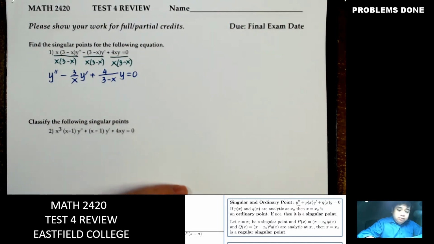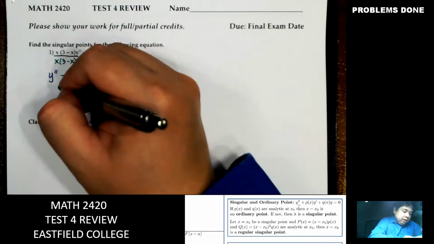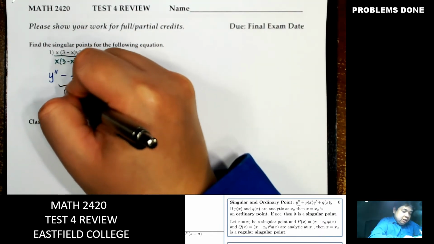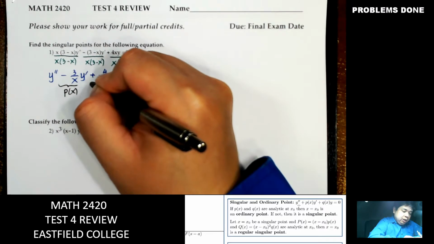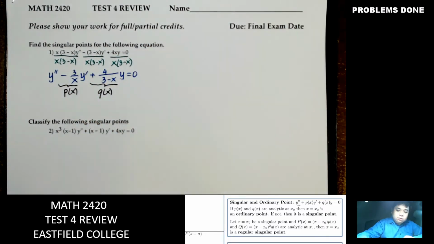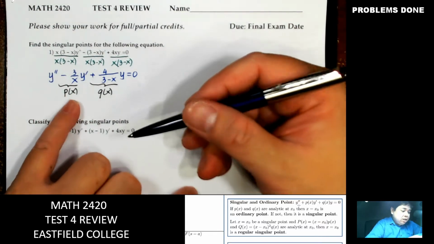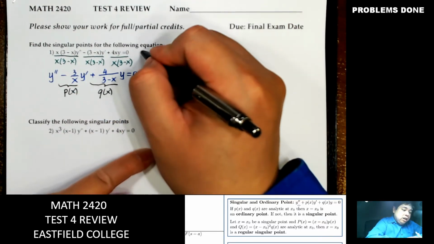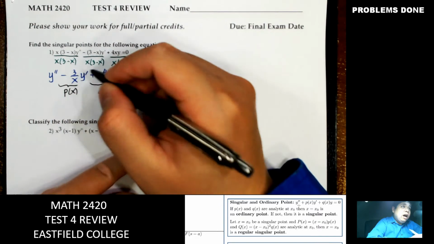Now this we have is p of x and q of x, and p of x is this function, analytic everywhere except for x equal to 0.